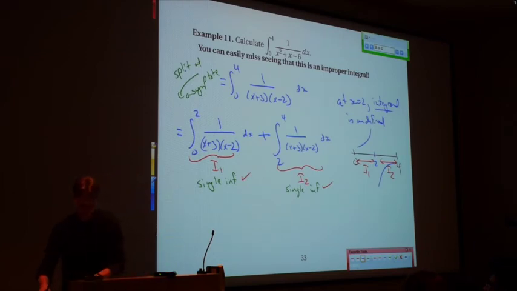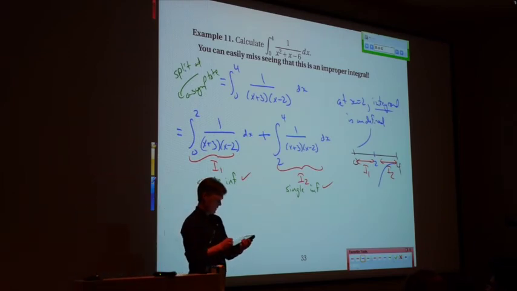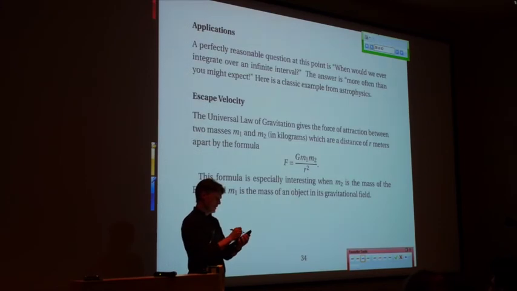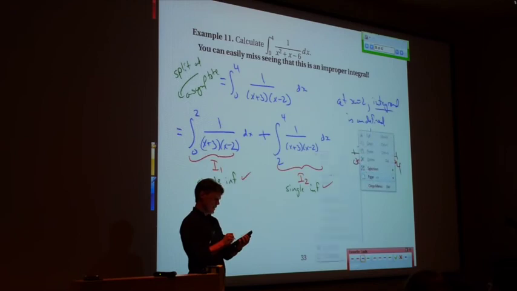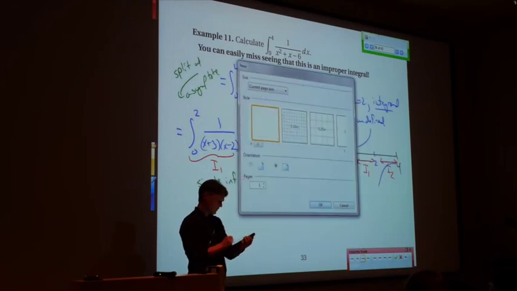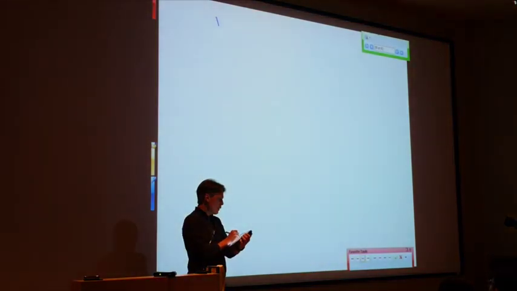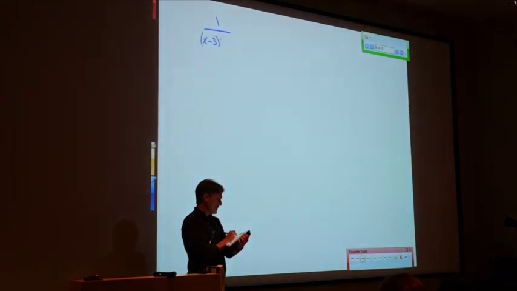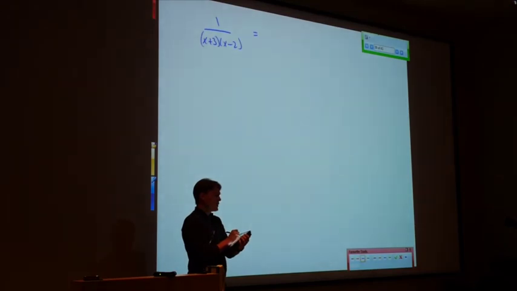Okay. Awesome. All right. Guess we're going to partial fractions. All right. All good. So if we want to decompose 1 over x minus 2, x plus 3, what should this be equal to? There we go. Yeah.